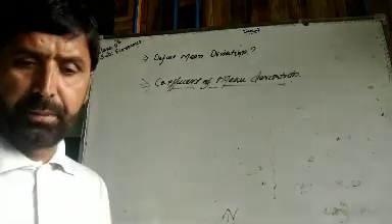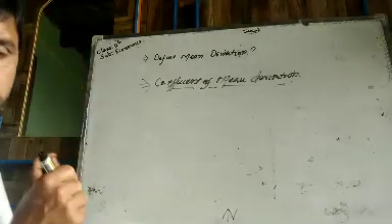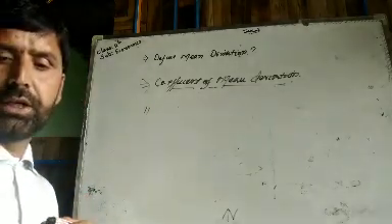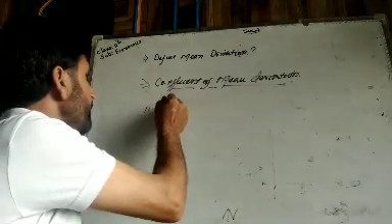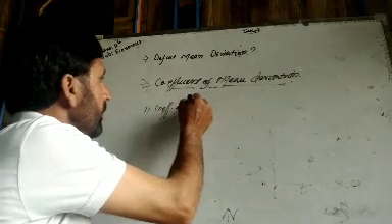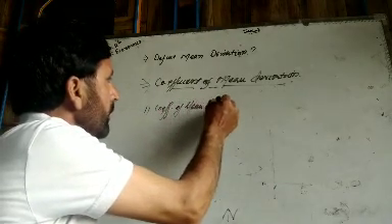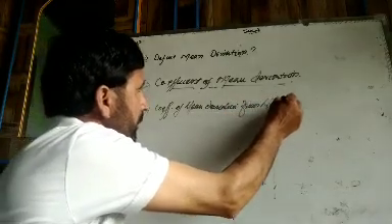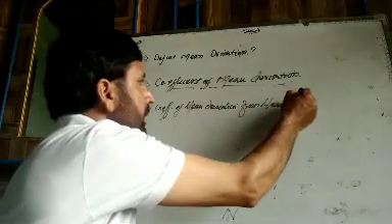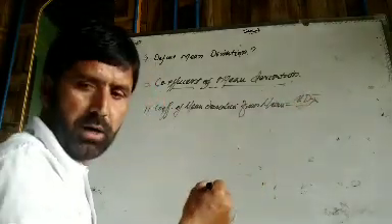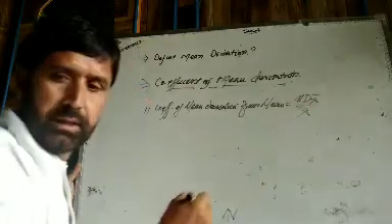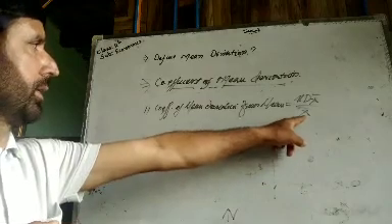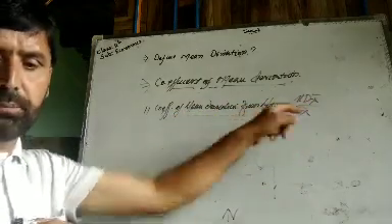Thus, number one, coefficient of mean deviation from mean is equal to MD x bar upon x bar, that is mean deviation upon arithmetic mean.